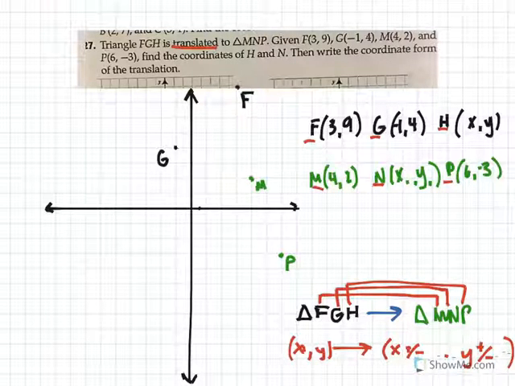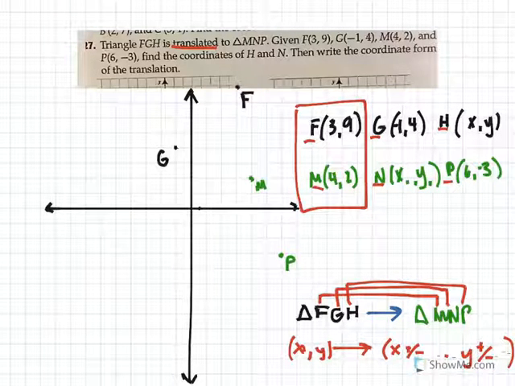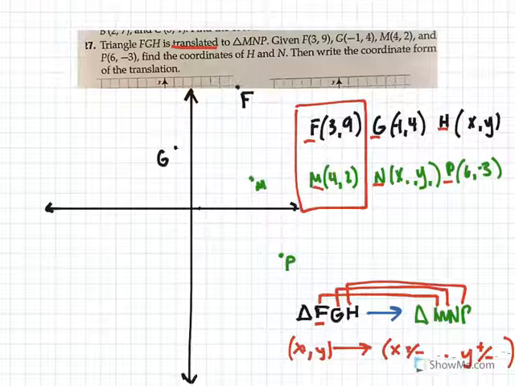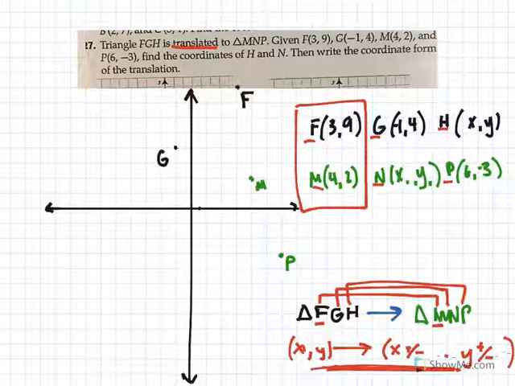So if we can somehow find out the rule in this first set where they give us both the first point in one triangle, point F, and a point in the second triangle, point M, we can see what this rule is.